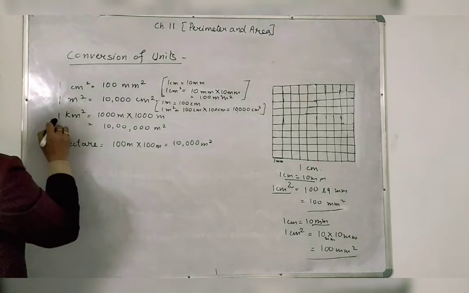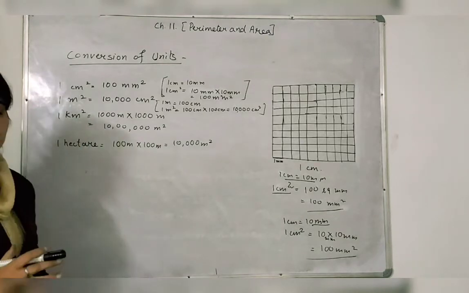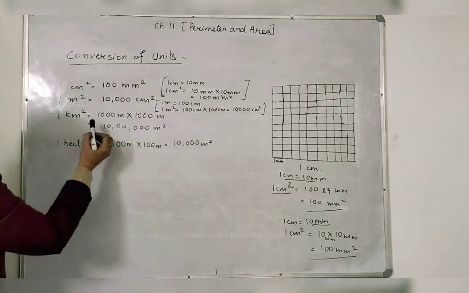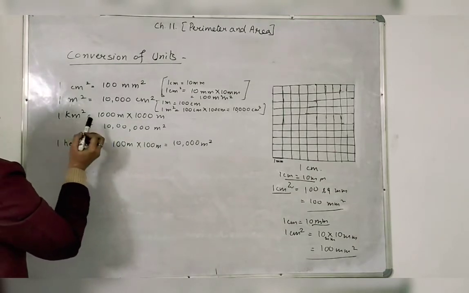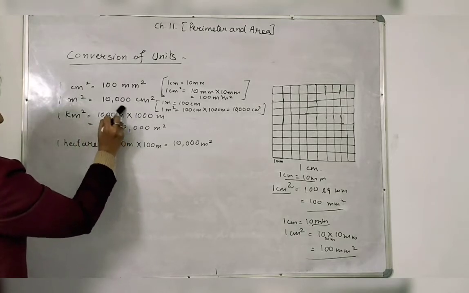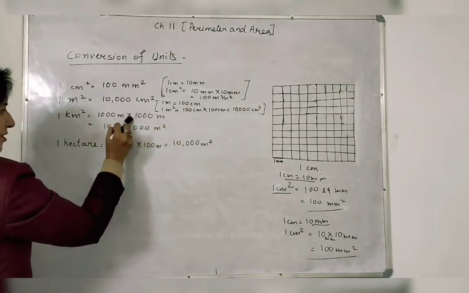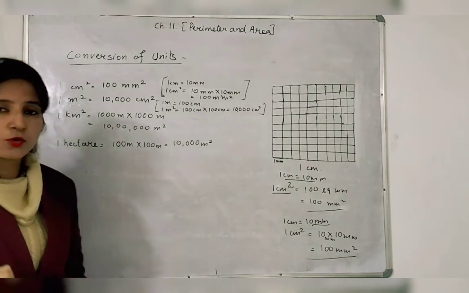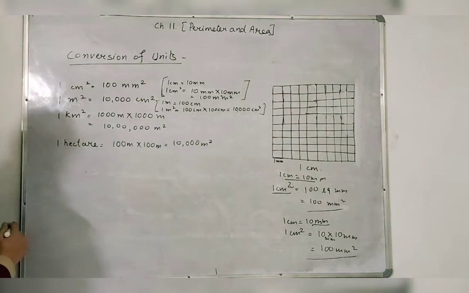Now one more, 1 kilometer square is how many meter square? Again we multiply, because 1 kilometer equals 1000 meter. That will be multiplied by 1000 meter again, and the result is 10 lakh meter square. So you need to keep this in mind.